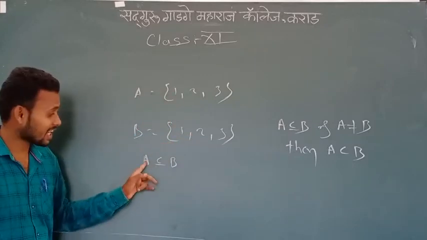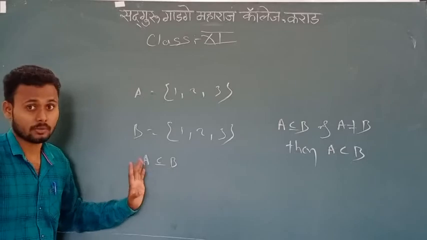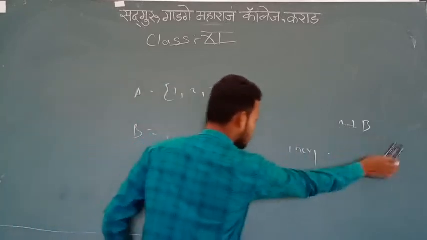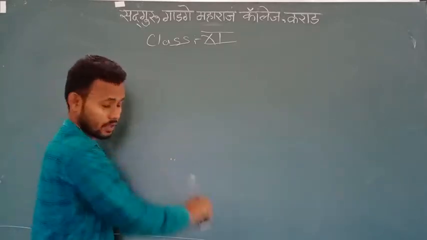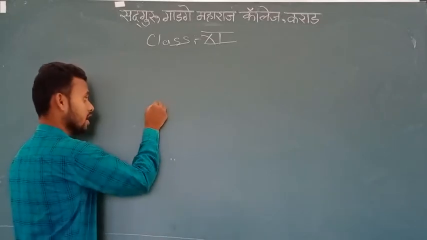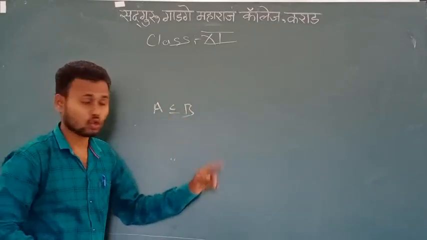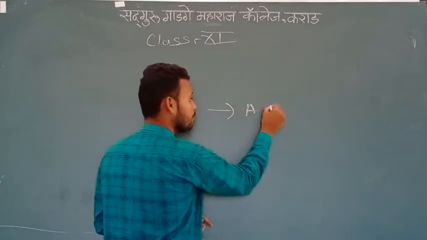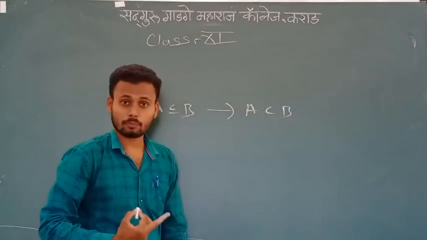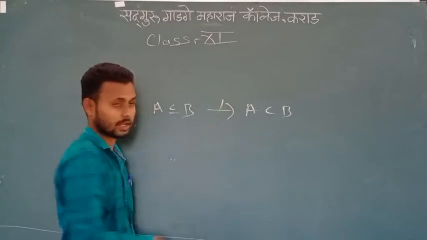Therefore we can't say that A is proper subset of B. म्हणजेच मला सांगायचं काय होतं, जर A B चा सबसेट असेल तर तो A चा प्रॉपर सबसेट होईल असं राहील, हे चुकीचं आहे.